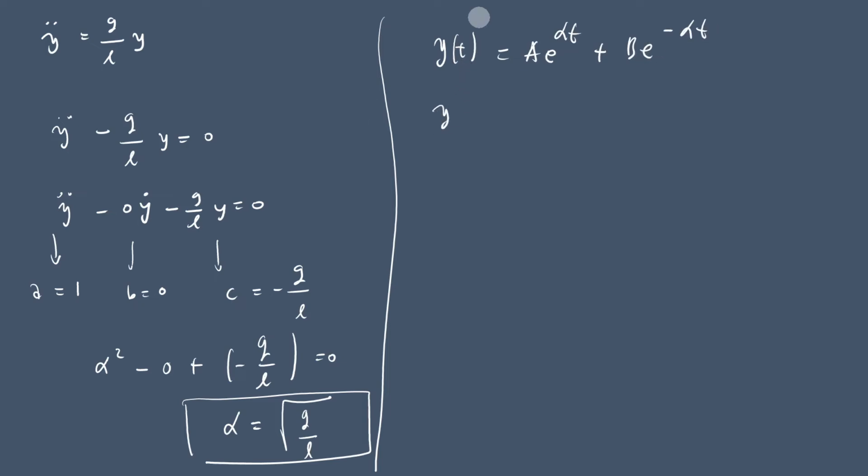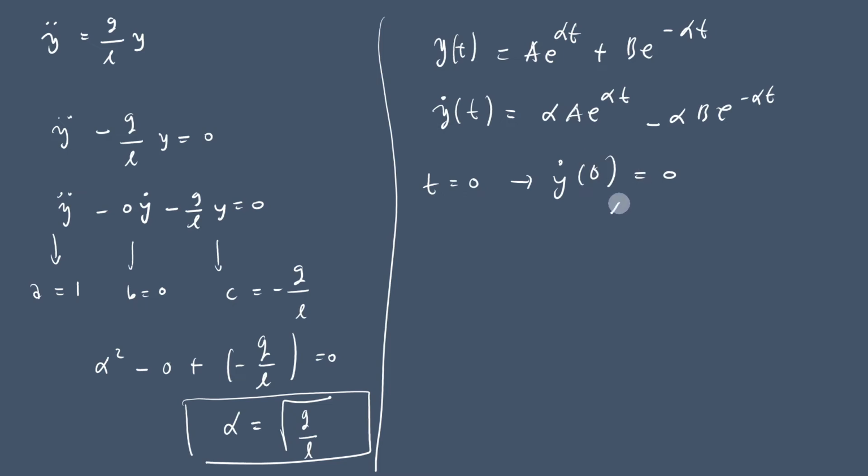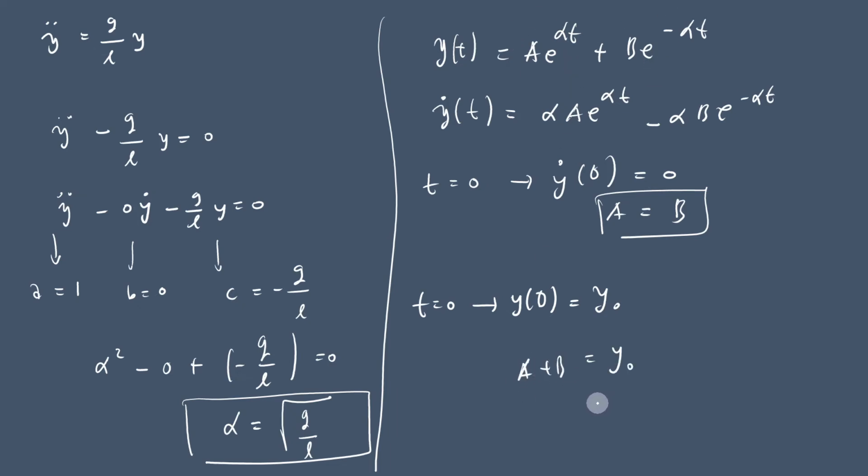This is the position as a function of t, so the velocity as a function of t equals alpha A e to the alpha t minus alpha B e to the minus alpha t. At t equals 0, the velocity is 0, so from this we get A equals B. At t equals 0, the position is y0, so A plus B equals y0, 2A equals y0, and A equals B equals y0 divided by 2. Go to the next slide.